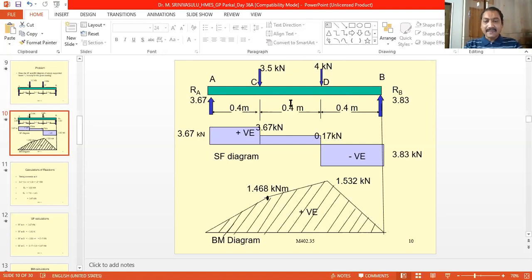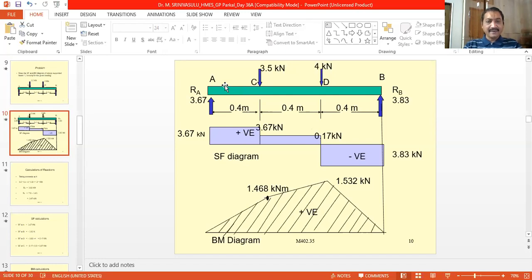So 3.5 plus 0.17 becomes 3.67. So the shear force acting at point C is plus 3.67.